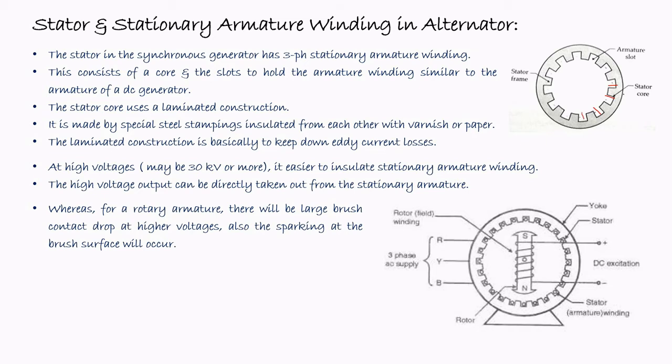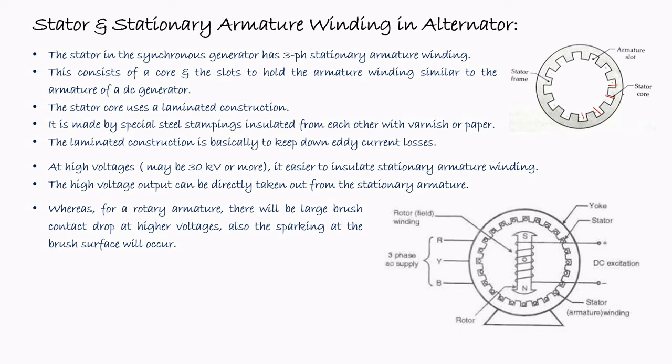So here we can see the figure, the stator where the three-phase windings are placed. Basically, this figure is shown as a motor, but in case of generator, the construction is same. Here, a salient type two-pole rotor is used as a rotor. So when this rotor is rotating, then the magnetic field which is produced in the rotor winding will cut the stator conductors.